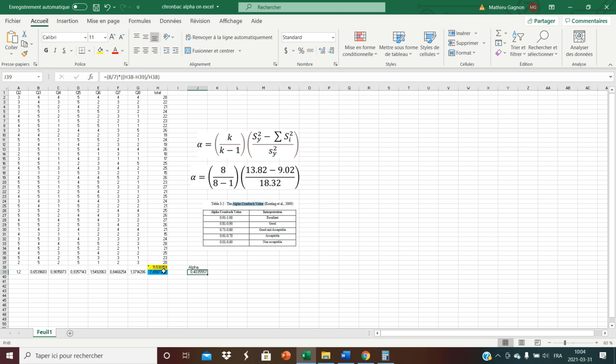H39, yes, it does. And does this make sense? A39. Okay, so actually, see, everything is. Oh, and this here, H38. Yeah. Donc techniquement, j'ai enlevé le Q1 and it didn't change the alpha.